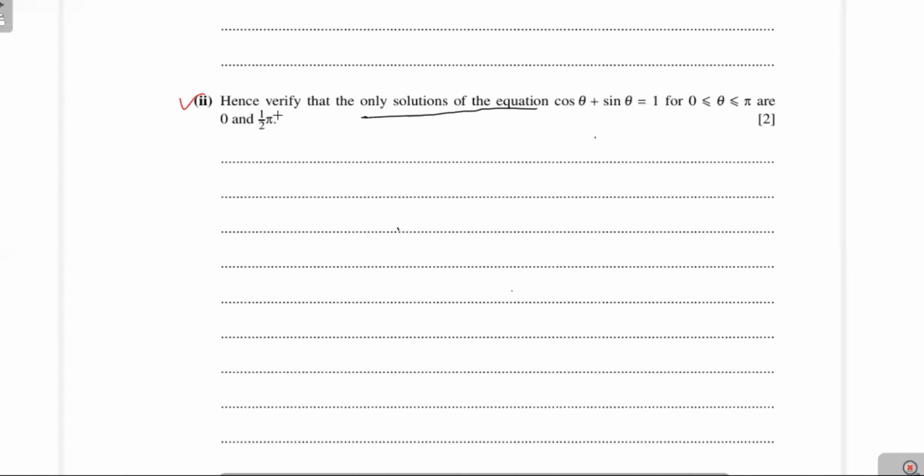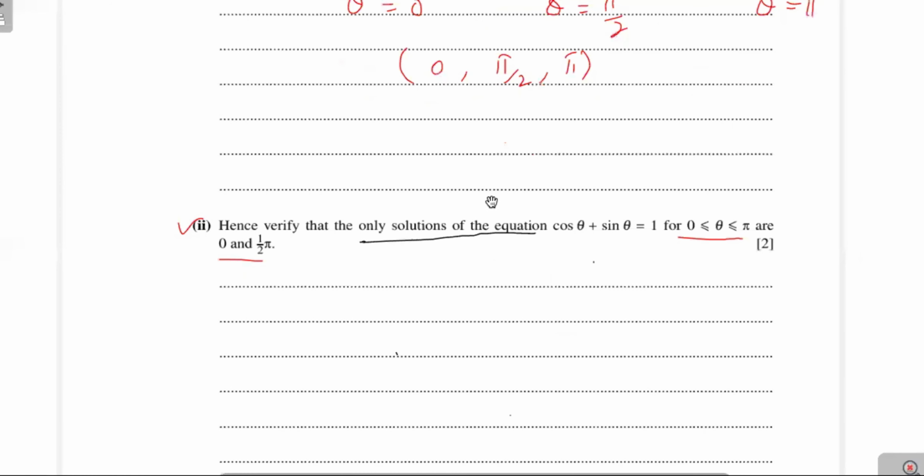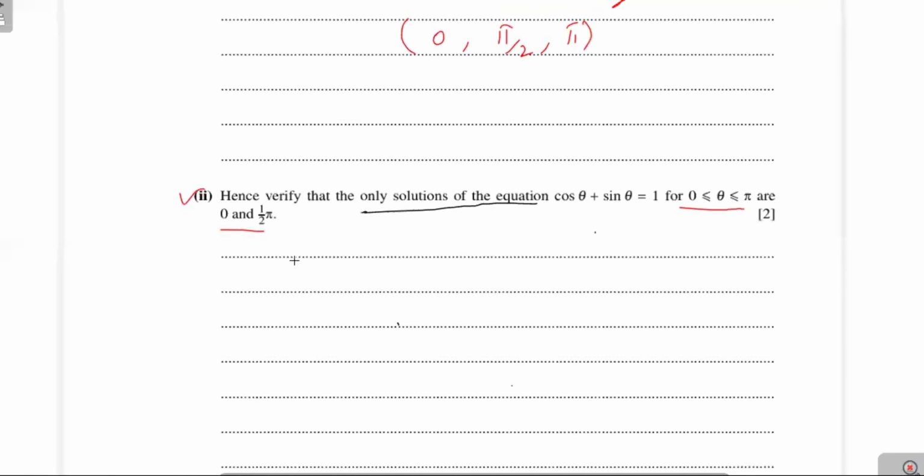Part second, hence verify that the only solutions of the equation cos theta plus sin theta equal to 1 for 0 to pi are 0 and pi over 2. Now you see here the solutions of these equations are theta equal to 0, theta equal to pi over 2, or theta equal to pi.